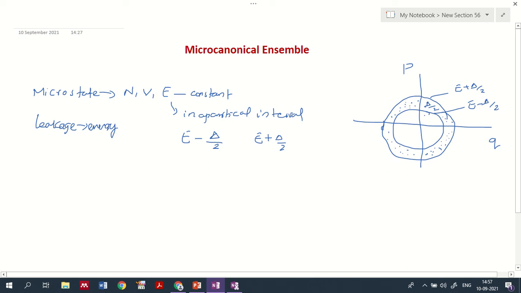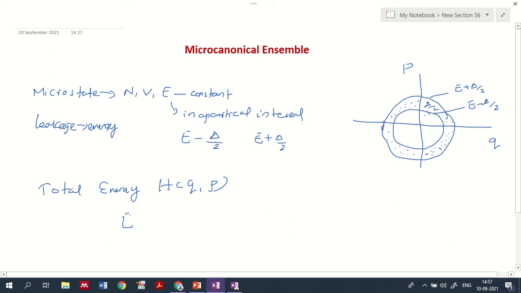When you consider the total energy in this interval region, where we identify different microstates, we represent it in Hamiltonian form, that is, the Hamiltonian total energy H(Q,P).